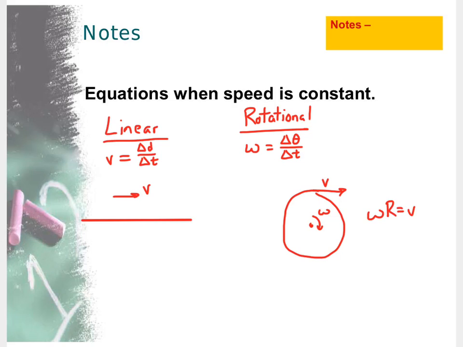Okay, so when I'm talking about this equation and this equation, I don't want you to think about this v right here, the tangential velocity or the tangential speed. I want you to think about motion along a straight line and motion around a circle. Okay.